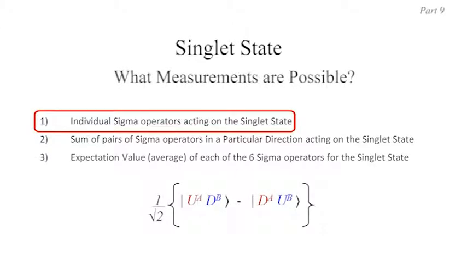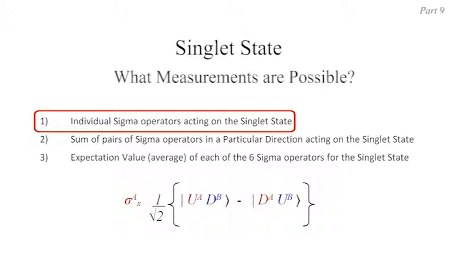Firstly, we could try to use the mathematics to measure the separate spin components of each of the two entangled electrons using the sigma operators. In other words, we could apply, say, sigma AX onto the whole of the singlet state and see what happens. This would be trying to measure the spin of just the A electron.